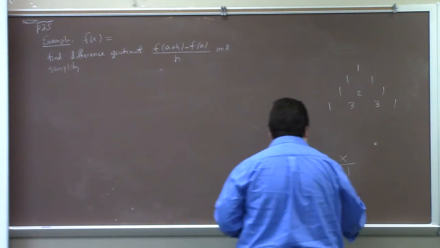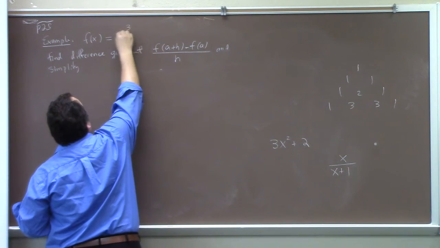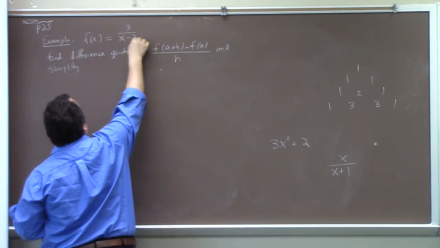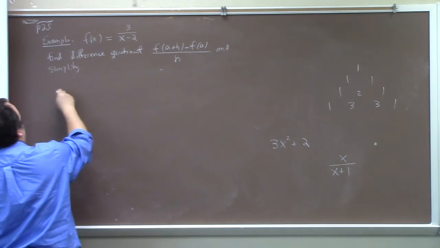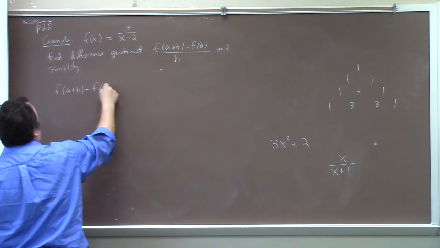Let's see here. Something that would be, I could just do 3 over x minus 2. That might be kind of similar, but a little bit different. So f of a plus h minus f of a.